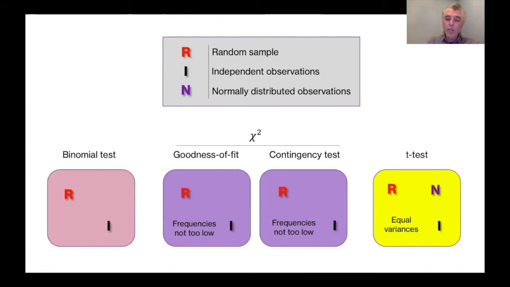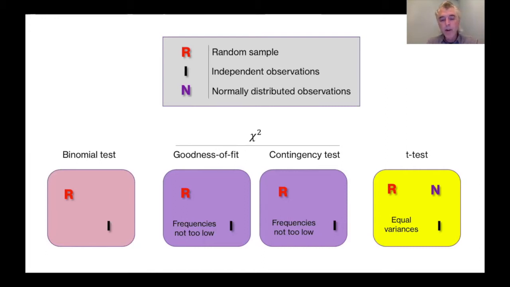But then once we draw inferences from some assumed underlying distribution, we need to apply some new assumptions. So for example, when we use the chi-squared distribution for our goodness of fit test and our contingency test, we also made the assumption that the expected frequencies in any one cell were not too low. And if you don't recall the details of these assumptions, I'd refer you back to the videos on those subjects.